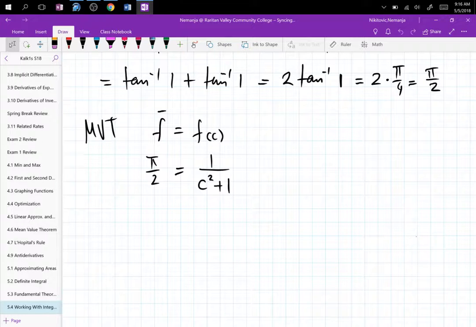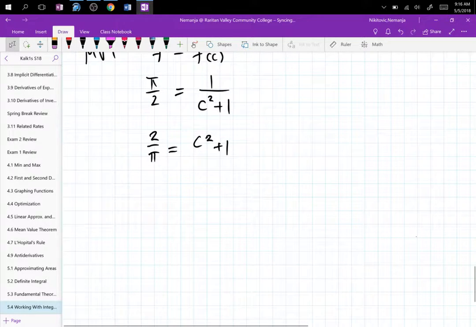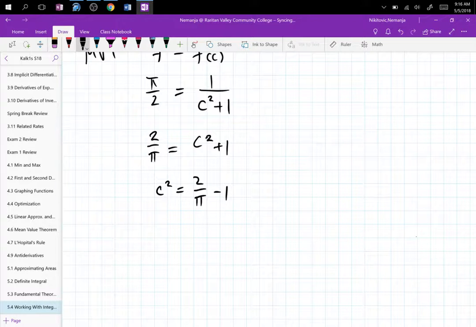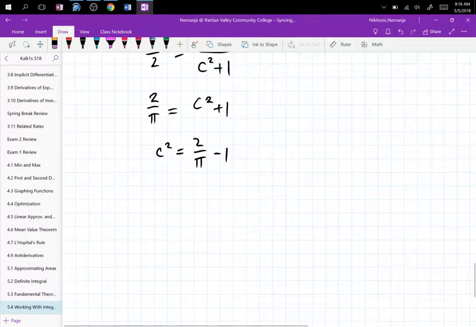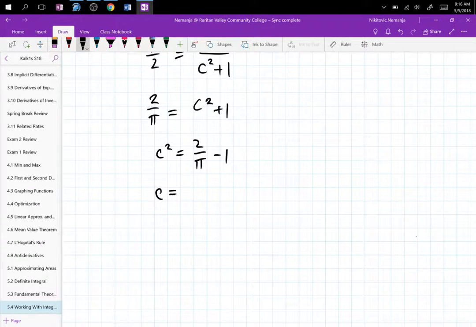So if I flip both fractions, I get 2 over pi is equal to c squared plus 1. Then I subtract 1. C squared is 2 over pi minus 1. And then I square root both sides. C is equal to plus minus the square root of 2 over pi minus 1.